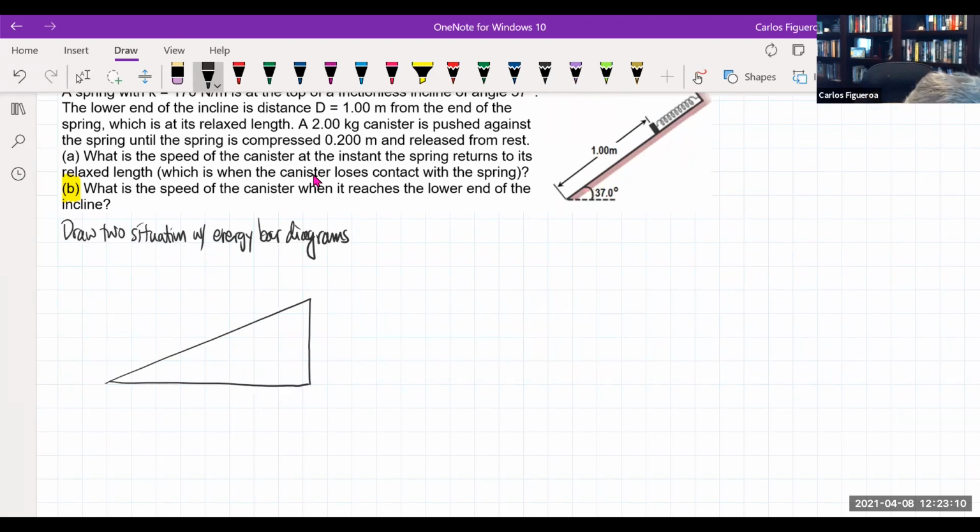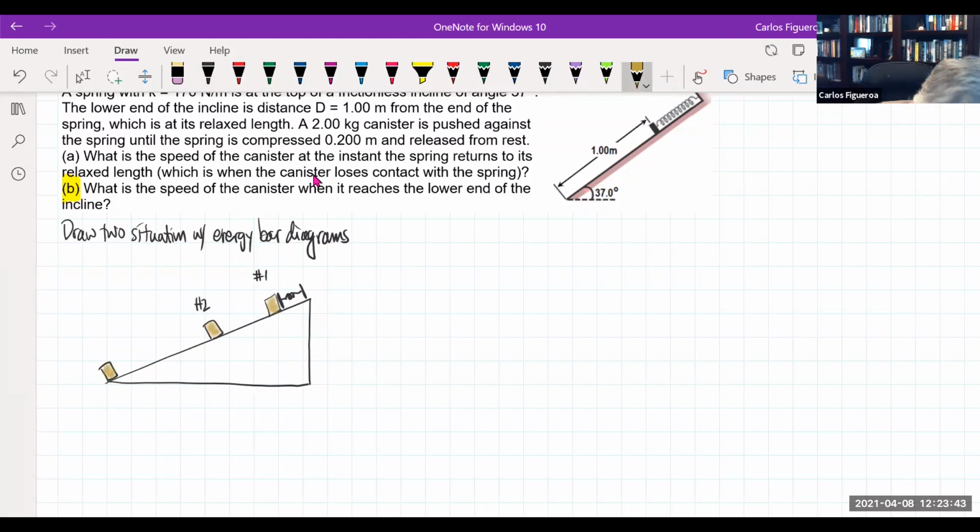What we did here is that we compressed the spring. This is where the block started, and this is what we called energy state number 1. Then the block went to the equilibrium point, where the block is moving at number 2. And what we're really interested in is what it is doing down here at the bottom.